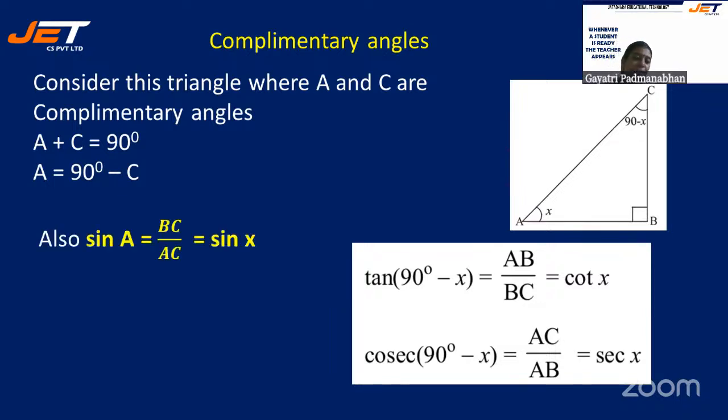So, what is sine A? We know that it is opposite side by hypotenuse, which is BC by AC. Now what is cos C? It is adjacent side by hypotenuse.